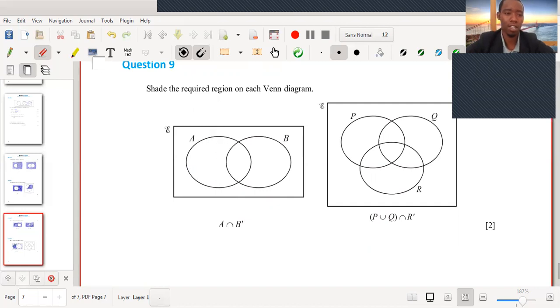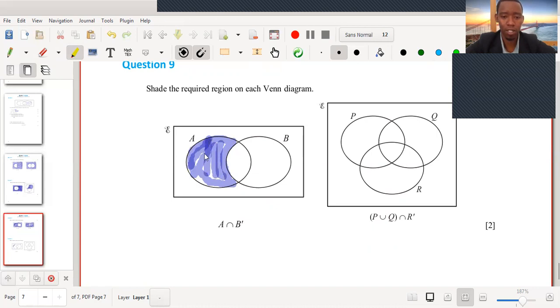And then I put the color I'm looking for. For example, let me put blue. So this is the region we are looking for.